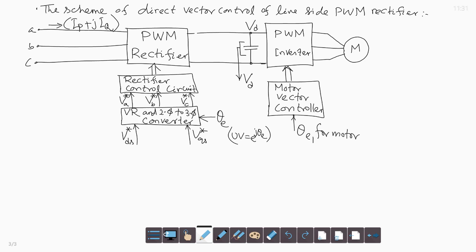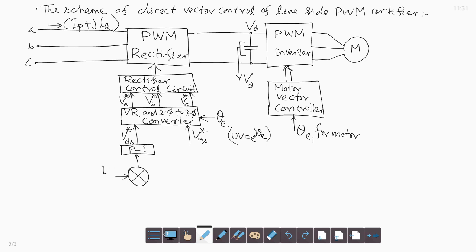So VDS star is generated from a PI controller. PI controller operates on error of current IP.